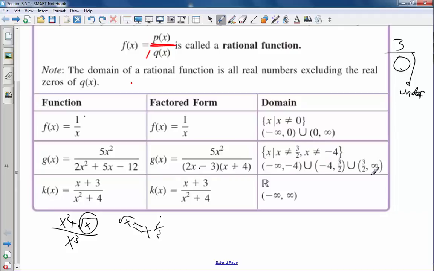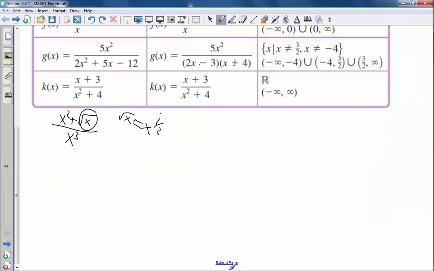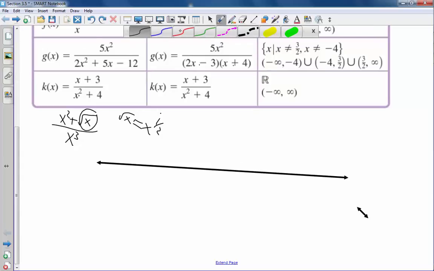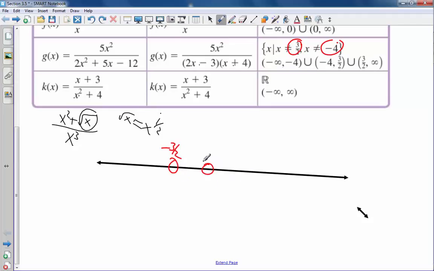In interval notation, it splits into 3 pieces. Again, this is what they did in the background. This is your entire domain, but we just found 2 bad guys. Once they ride into this bus, it's dead. The bus is broken. Those bad guys are 3/2 and minus 4, so we need to exclude them. 3/2 and minus 4 is next to it.